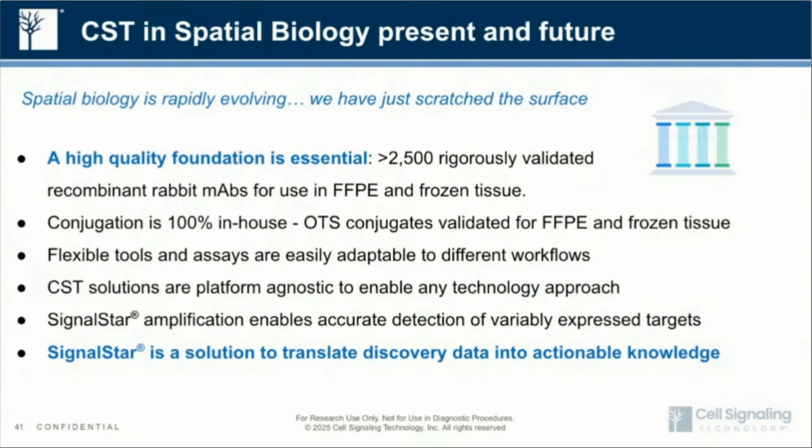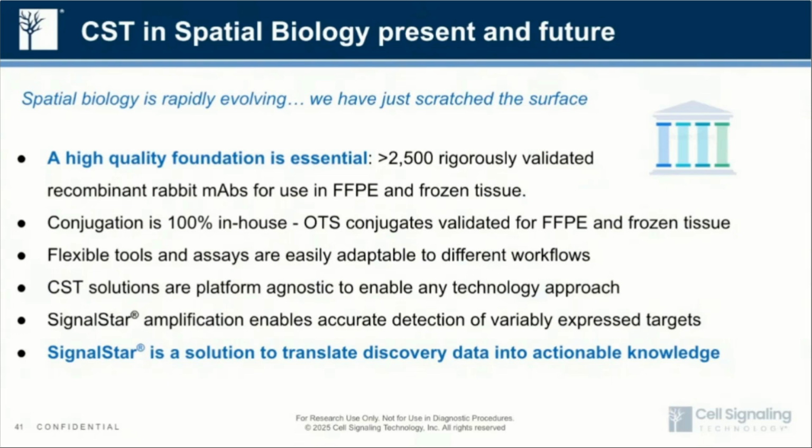We have over 2,500 rigorously validated recombinant rabbit monoclonal antibodies validated for use in FFPE or frozen tissue, and specifically for mouse or human reactivity. Please make sure to look at that as an attribute of your antibody before moving forward with validating them within your panels. In addition, the conjugation that we do for our direct conjugates and secondaries is 100% in-house. We perform validation both before and after conjugation so that you don't have to.